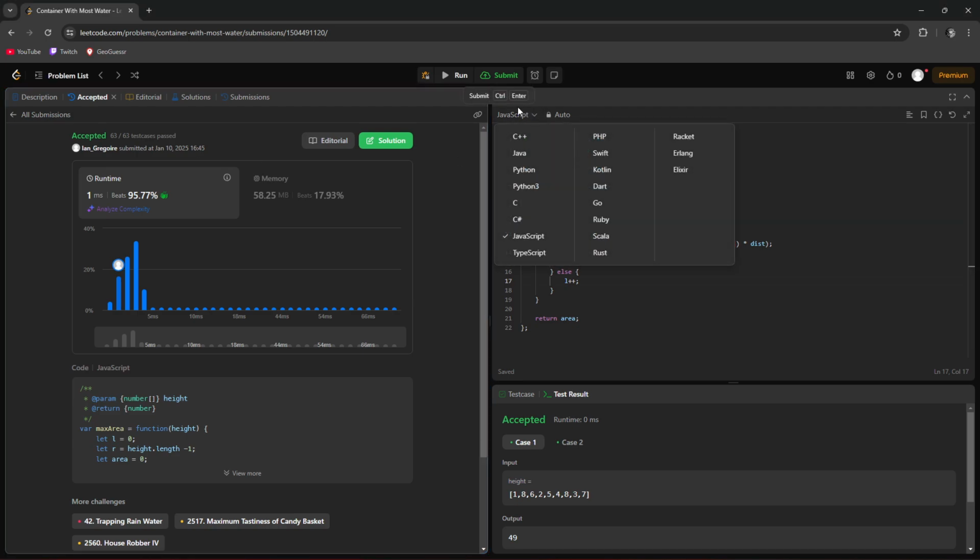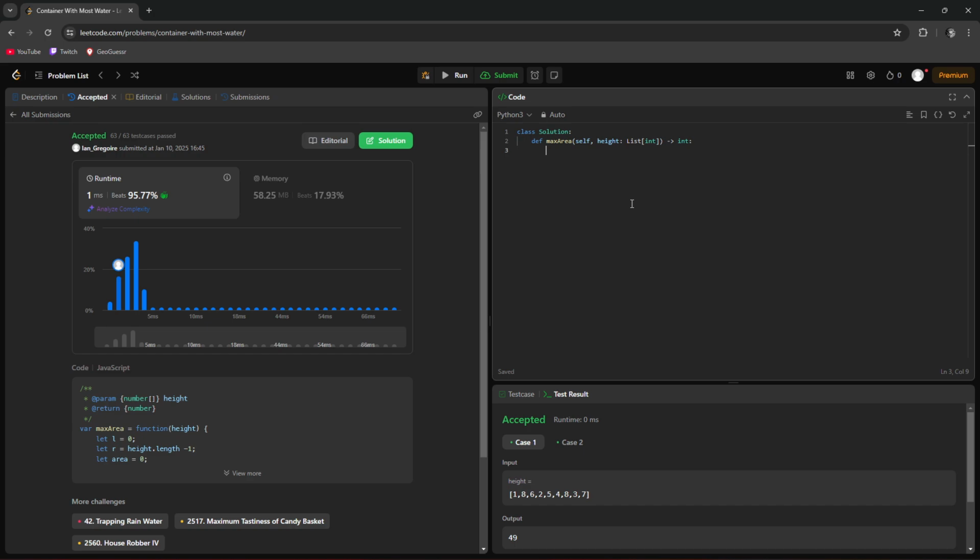And now for Python. Essentially the same thing. L of 0, R equals len height minus 1, and area is equal to 0.